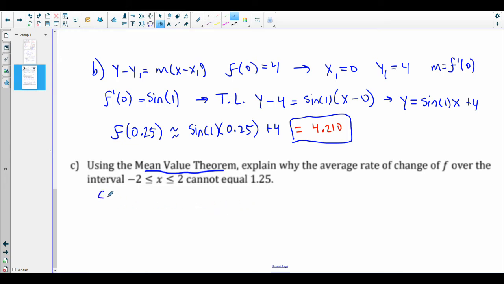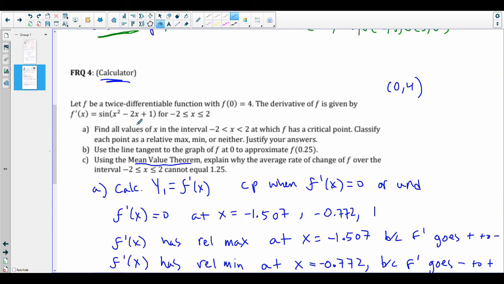In order to use the mean value theorem, we have to show that the function is continuous and differentiable. So we know f prime of x is differentiable. How do we know that? Well, we know that because we're told the function is twice differentiable.